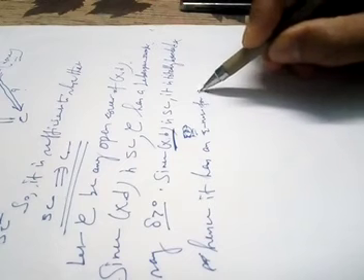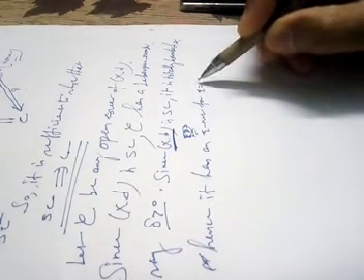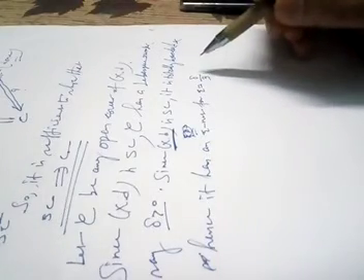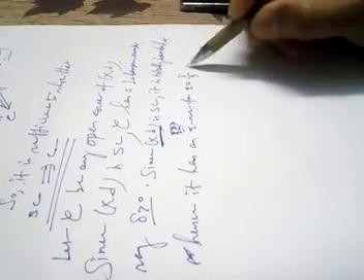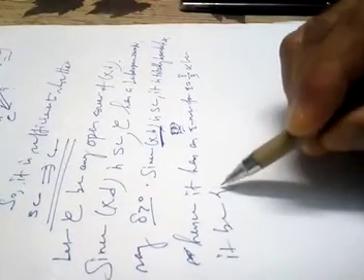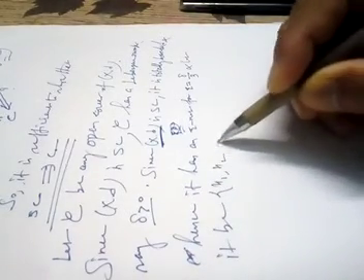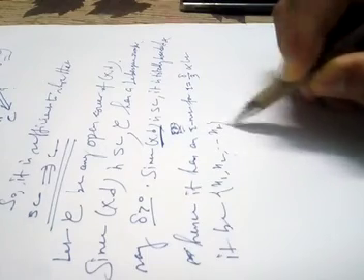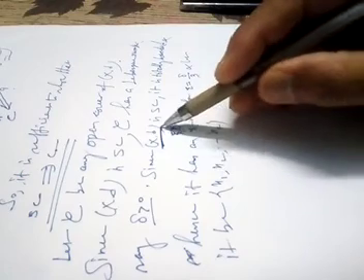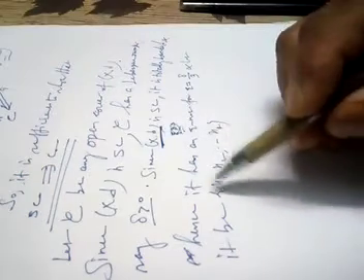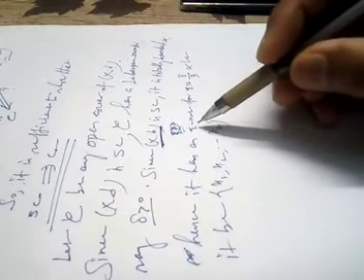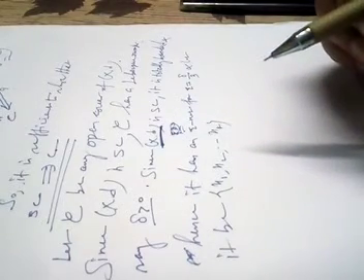So for epsilon equal to delta by 3, let it be x1, x2, ..., xk. An epsilon net is a finite subset of the space such that the open balls centered at those points, each of radius epsilon, cover the whole space.